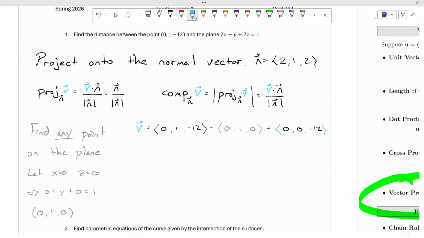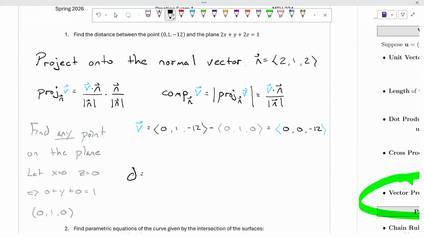Anytime I want to find a vector that connects 2 points, I should just take the difference between them, or rather the difference between their position vectors gives me the vector that connects those 2 points. And we have a rather nice looking vector there. So now, to get that distance, the distance, again, is just the magnitude of that projection vector, or really the scalar projection of that vector.